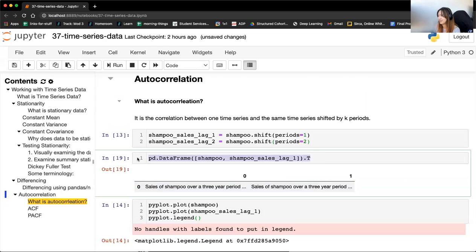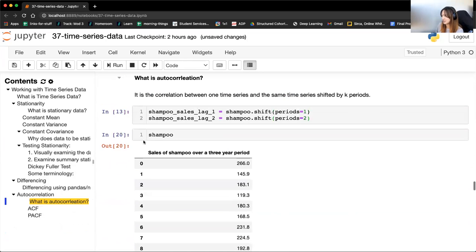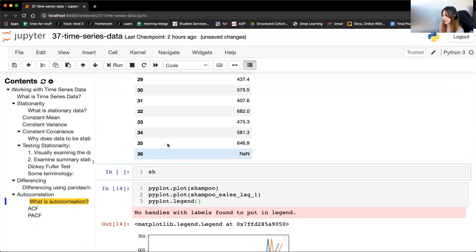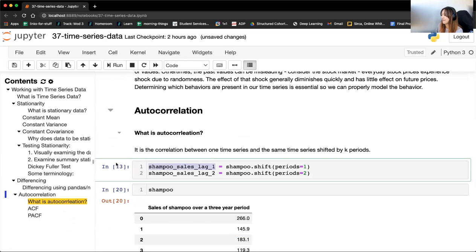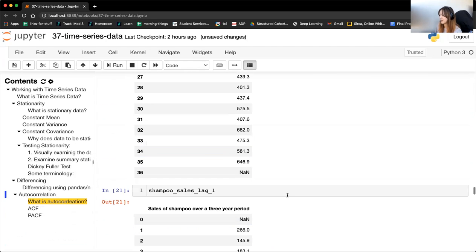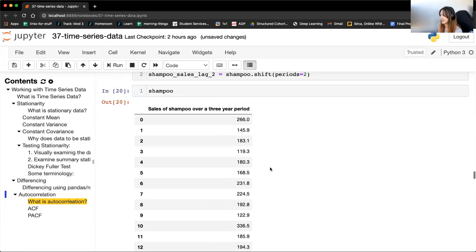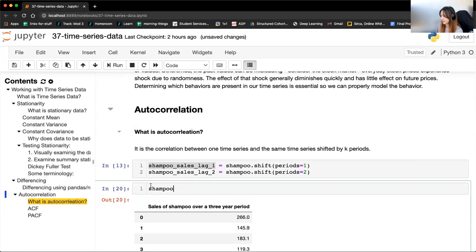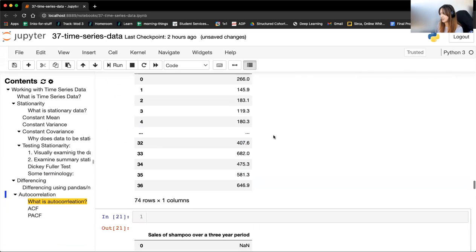Never mind, that didn't happen how I thought it would. Let me do this real quick. Shampoo looks like this, and then shampoo sales lag 1 looks like this. Probably want to do a pd.concat here. I forget if I need the axis.